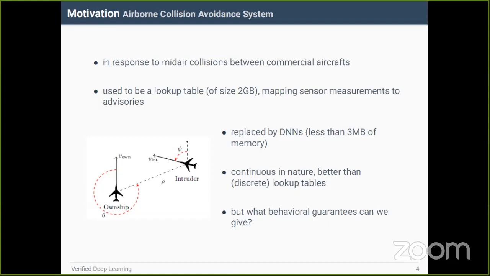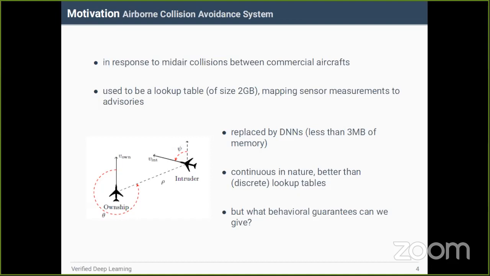And for that, earlier how it used to work was that they had a lookup table. You have the values of all the sensors, and the lookup table tells you that if rho is this much, and v own is this, and v intruder is this, and theta is this, and psi is so much, then maybe you should turn right or turn left or keep moving, or turn sharp right or turn sharp left. So you have a bunch of instructions which are defined.